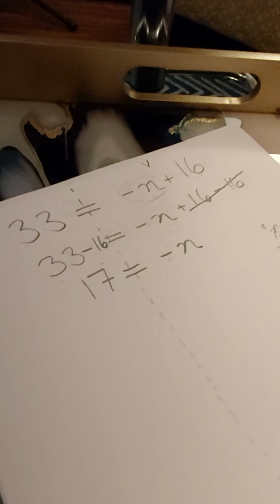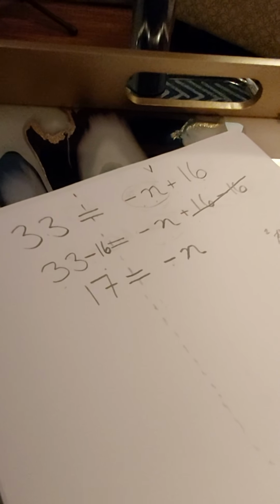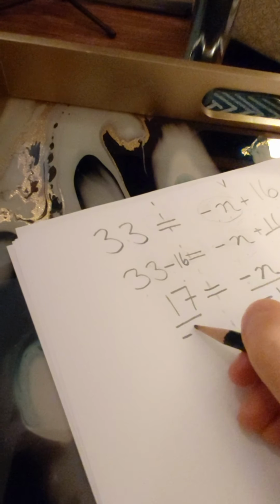All right. So does that mean I'm done? N equals 17? Not quite. All right, because it's a negative n. I want to know what positive n is. We know now that it's going to be the opposite sign if we just do this. Okay, we're going to divide both sides by negative 1. It's almost like negative n is the same thing as saying negative 1n. We just don't need the 1 there.